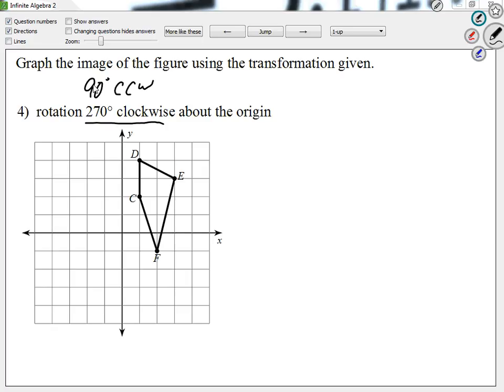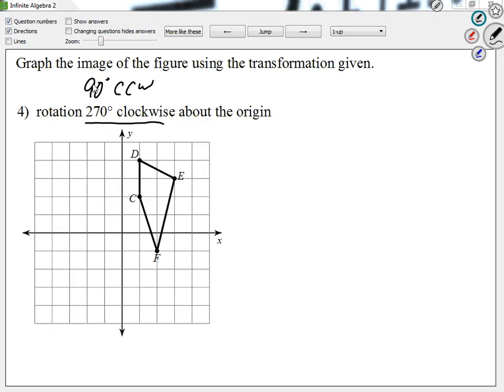Like if I had the clock starting at 12, if I went 270 clockwise, I will finish at 9. But now let me start at 12 again. Let me go 90 counterclockwise. I finish at 9 as well, right? So 270 clockwise or 90 counterclockwise, isn't that the same thing?